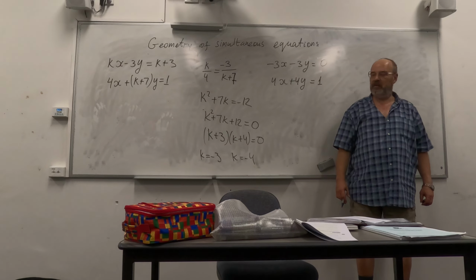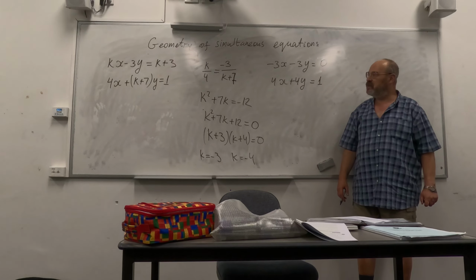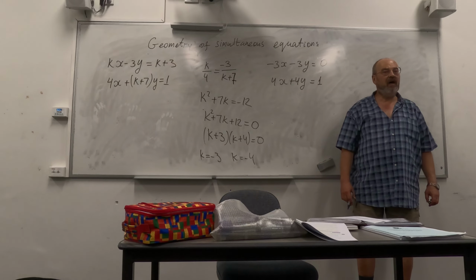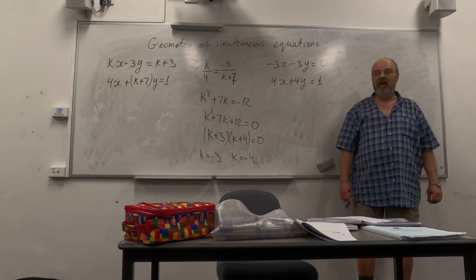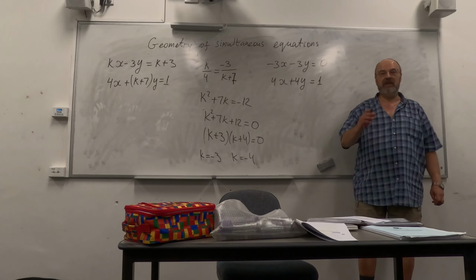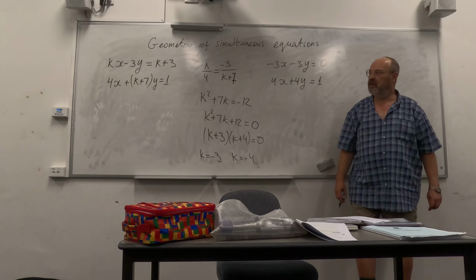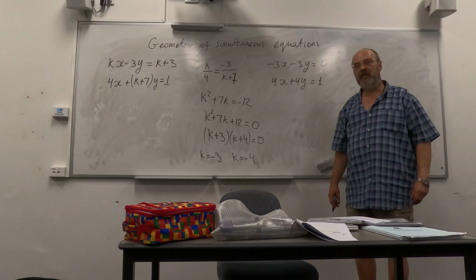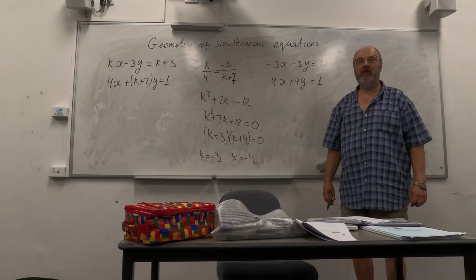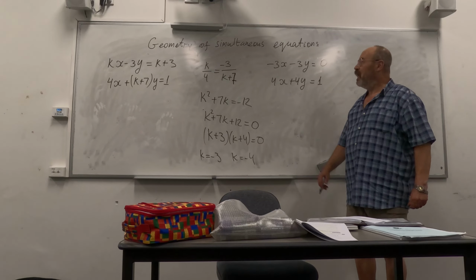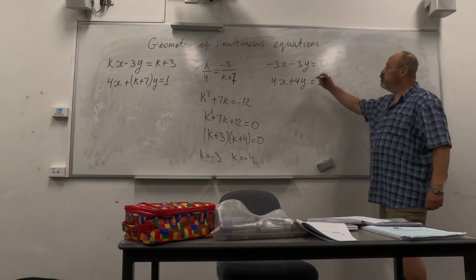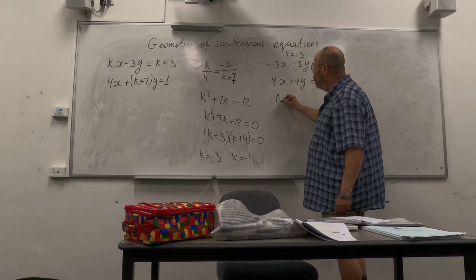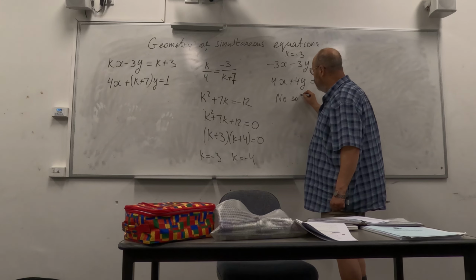Clearly not. So when k equals negative 3, the lines are parallel and there are no solutions. Couldn't you also compare the ratios of the y coefficients to the ratios of the constants? Yes, we can do that as well.